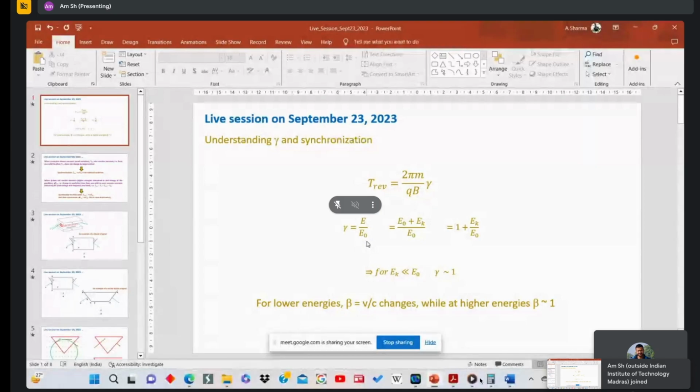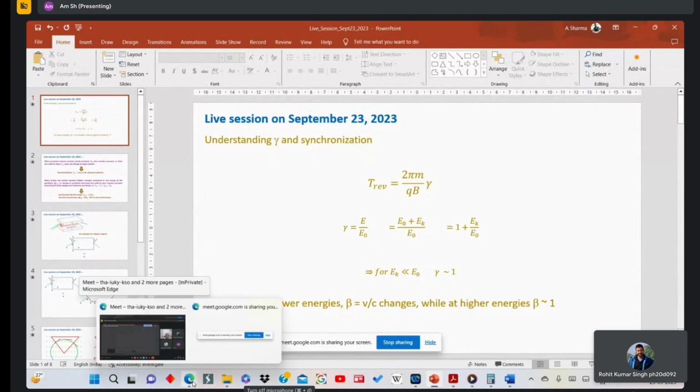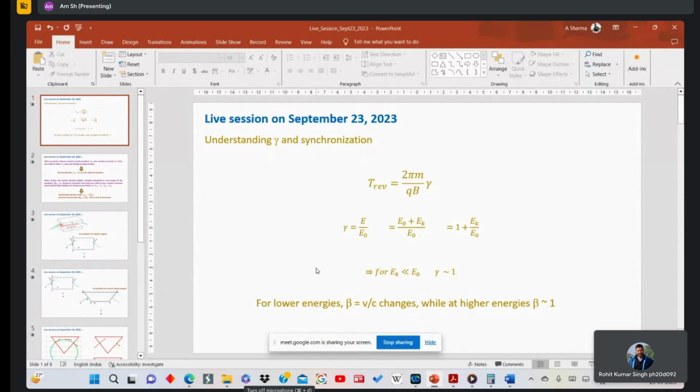Because some of the MSc students may also be attending, they should not be confused. So E naught is the rest mass energy. I tactically used the word rest energy because modern relativity literature discards relativistic mass variation.